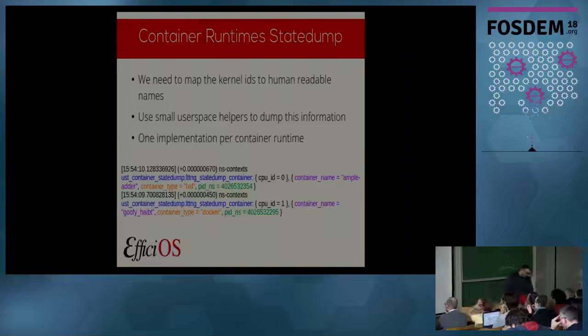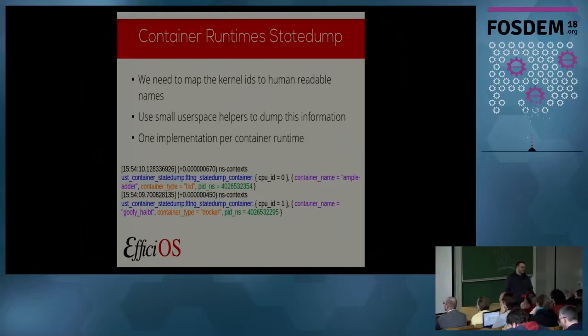But it would be nice to be able to use the container name, for example, instead of having to get the inode number. To do this, we need a way to map kernel IDs to human-readable names. Right now, the easiest solution we found was a small shell script based on what I showed you before that will iterate over all containers.